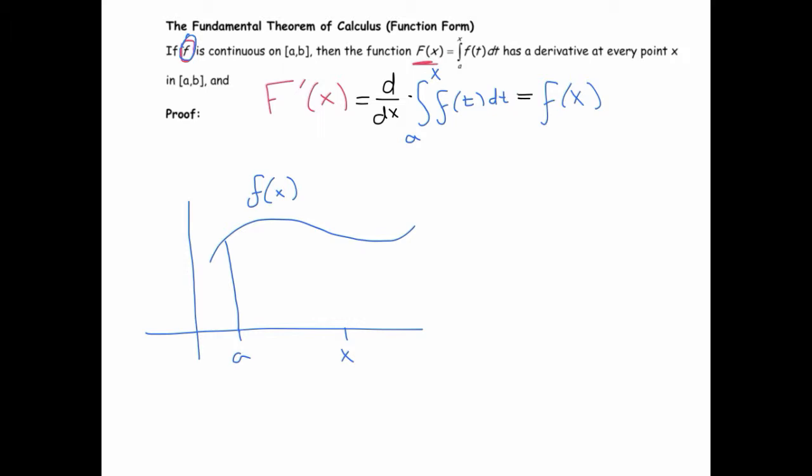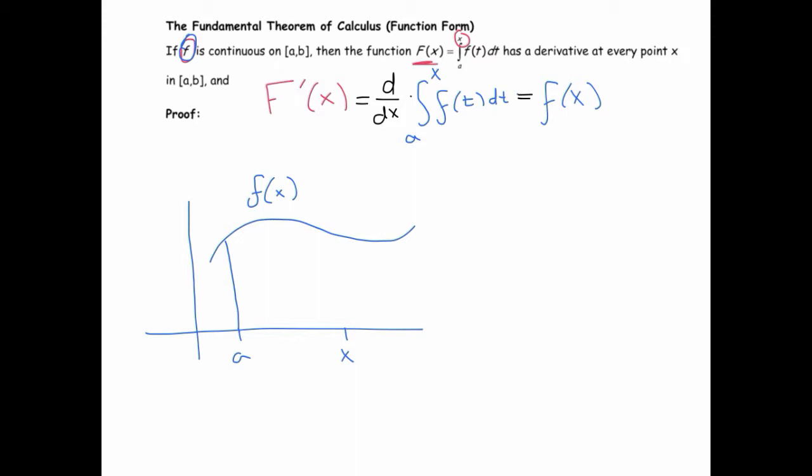So we're trying to show that the derivative of capital F of x, notice capital F of x is an integral function. I'm going to use that language. It's a function defined as an integral, and it's defined to be the area you get when you accumulate area under lowercase f from a to x. Its derivative is lowercase f.